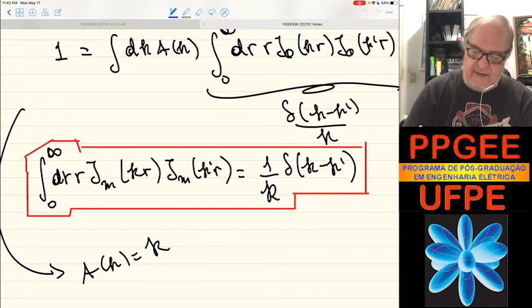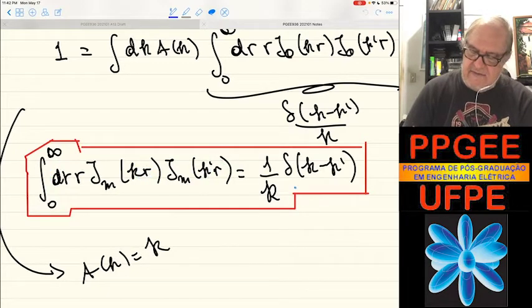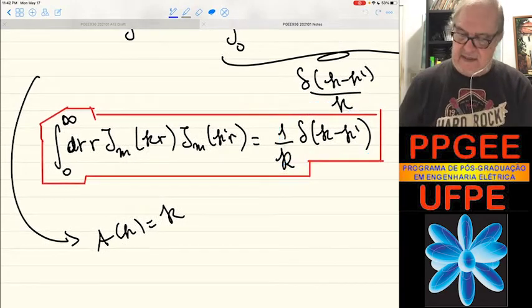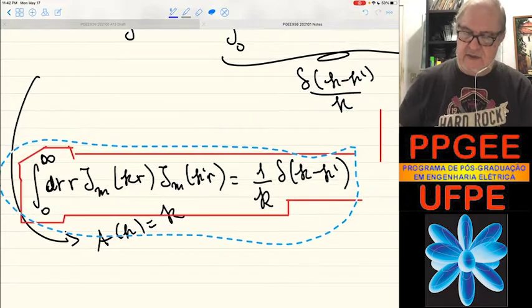You have a product of two delta functions having different arguments, k prime and k. If we integrate in one of the arguments, which is r, then I have a delta function on the other side. So I'm going to change variables, and use this thing here.